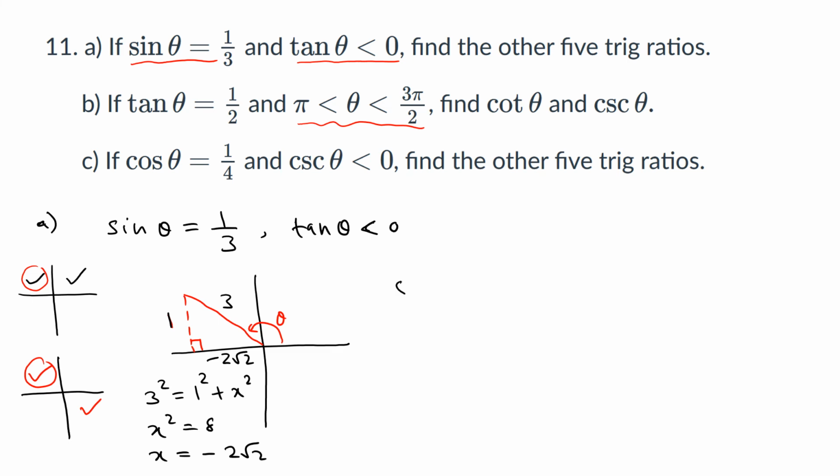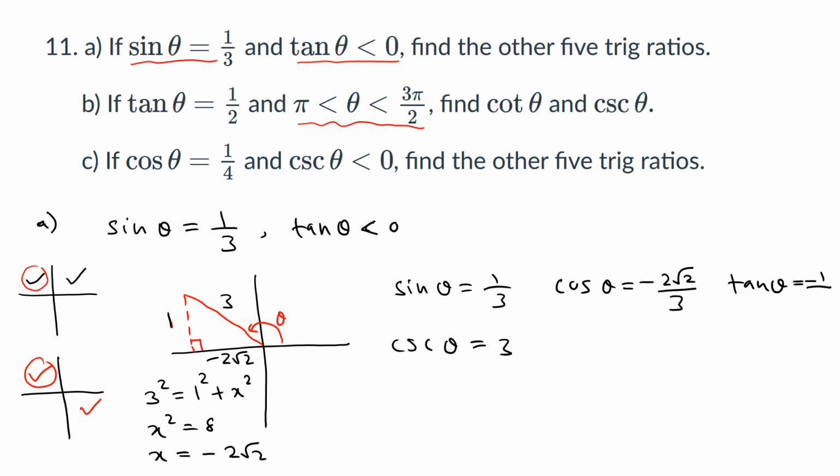Since we know all three sides, now you can write sine theta, which is 1/3, and cosecant theta, which is upside down, which is 3, and cosine theta, which is negative 2 square root 2 over 3, and tan theta, which is negative 1 over 2 square root 2, and then secant theta, which is negative 3 over 2 square root 2, cotangent theta, which is negative 2 square root 2, upside down.